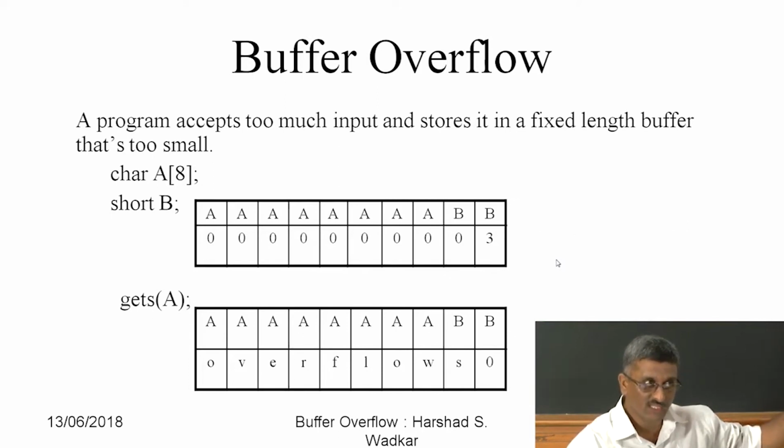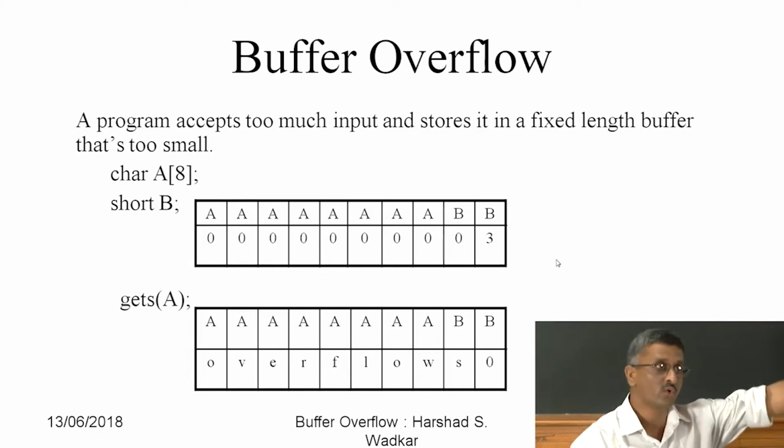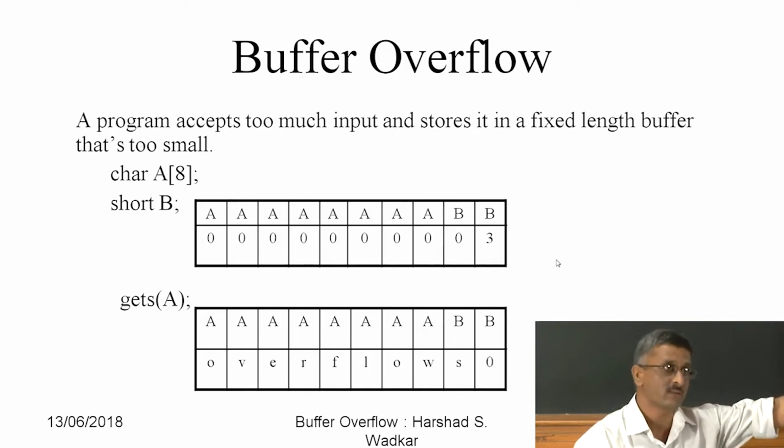I have not modified B, I have not read the value of B yet, I have just performed gets on A, but the value of B, it was 3, has now changed to 0. It means the data entered by the program or by input is going to overwrite some other adjacent areas. Okay?